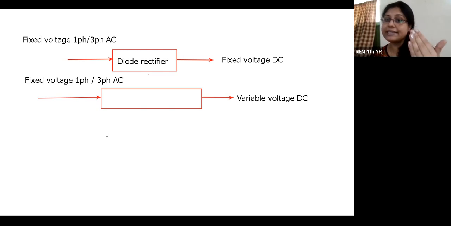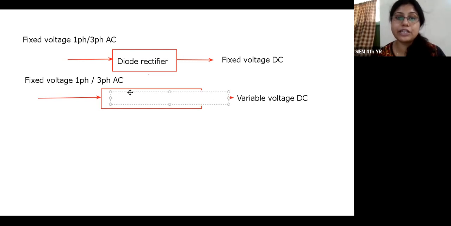We know AC to DC can be converted easily by a rectifier circuit, but here the output voltage is variable, so we can use a fully controlled rectifier as the power modulator device.